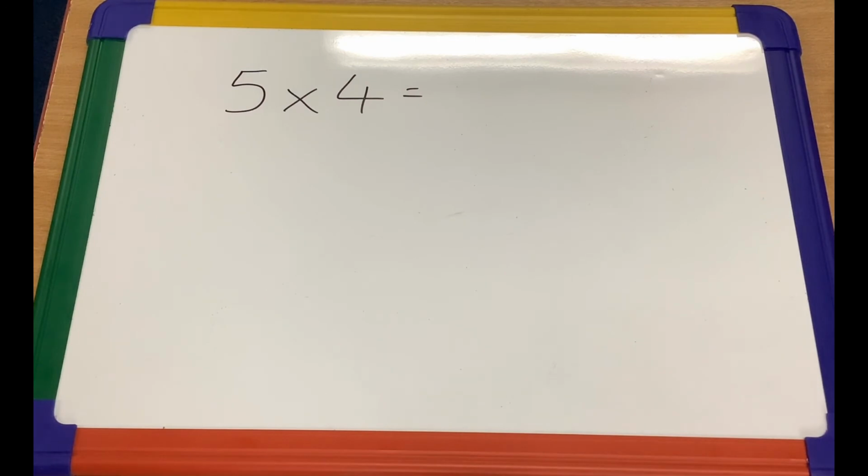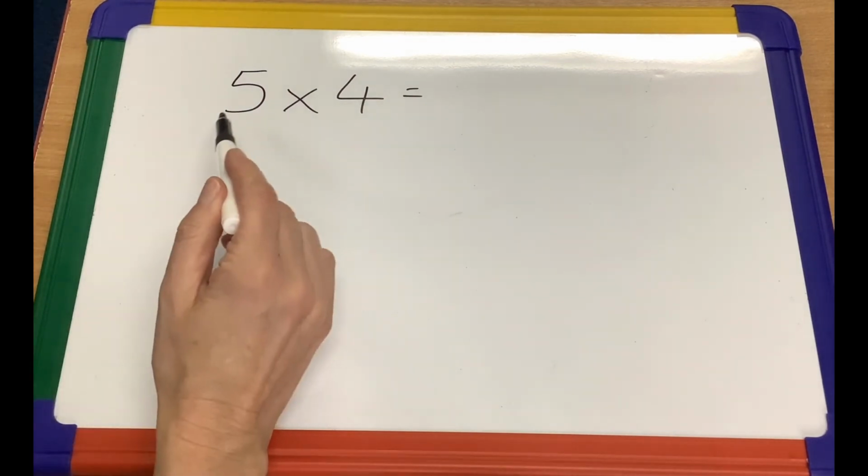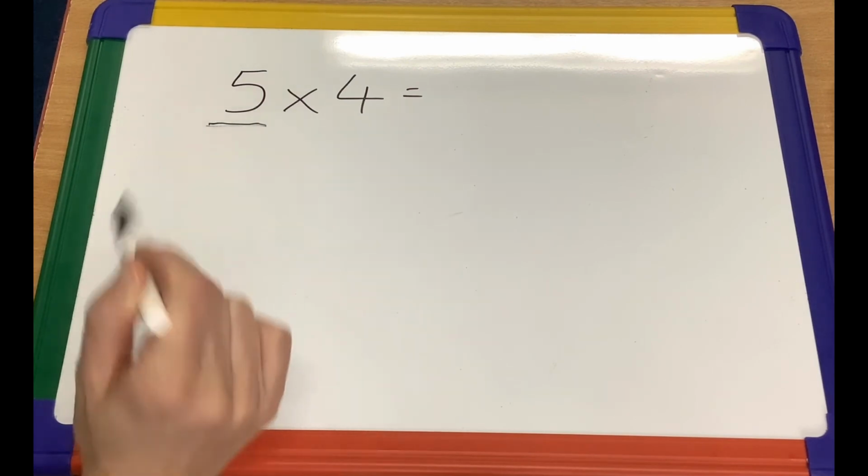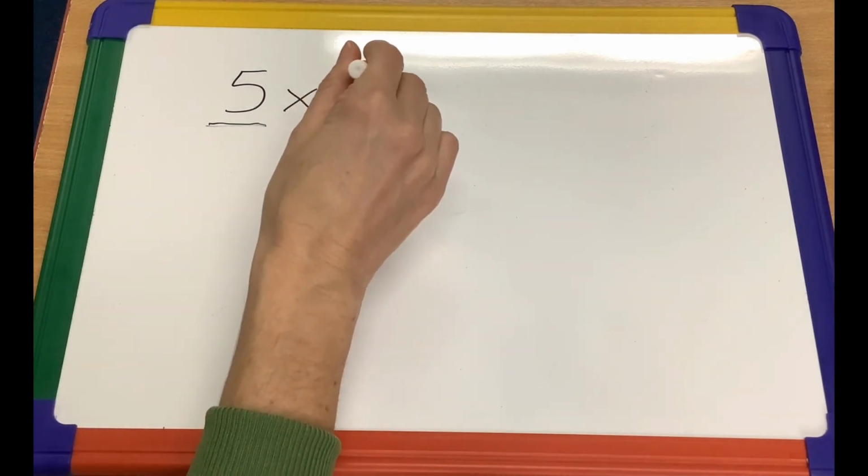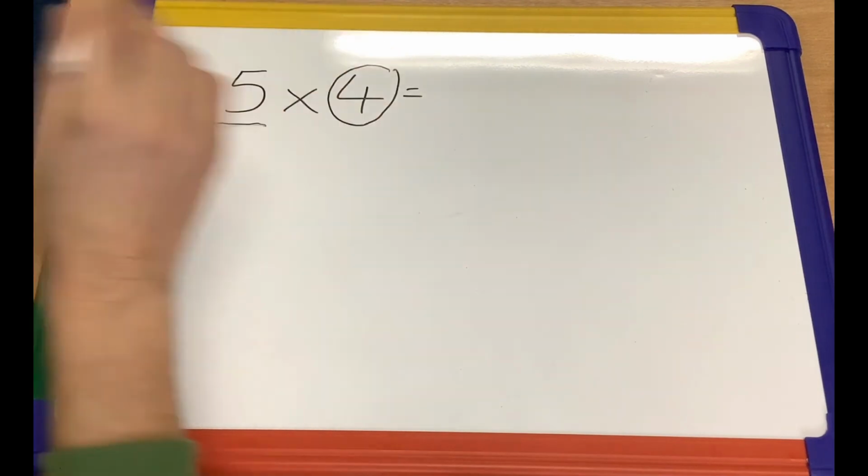So I've written this one the other way round, 5 times 4. So you might think, oh, now we need to get fours. We need 5 fours. But when you do multiplication, remember, you can swap the numbers around, so it doesn't matter because it's much easier to count in fives. So I still want to use my fives. And if I look at the number sentence, I know I need 4 of them.